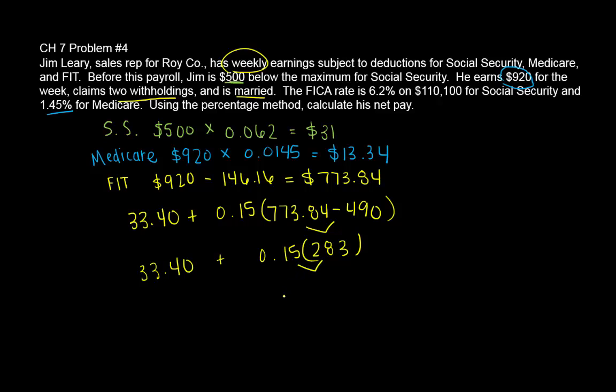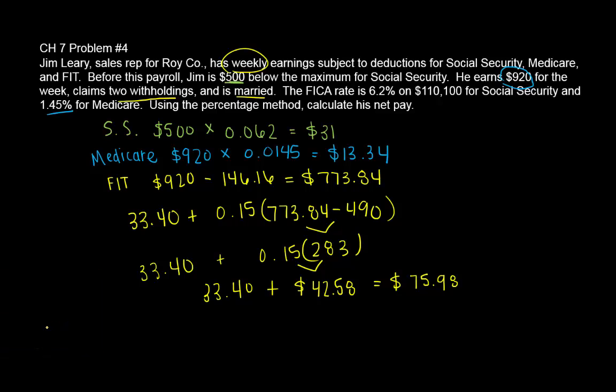Then we're going to take the $283.84 and multiply it by the tax rate of 15%, which is 0.15, and that'll give us $42.58, plus the $33.40, the flat tax, and our total FIT will be $75.98. But we're still not done yet.